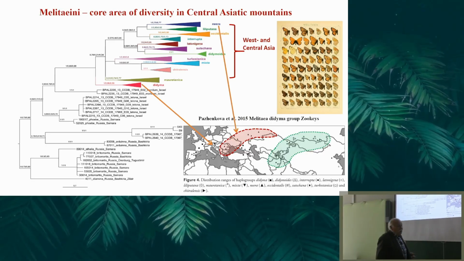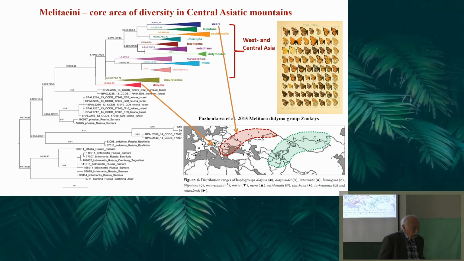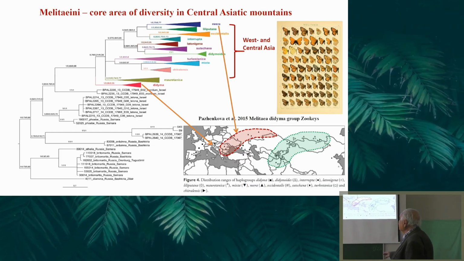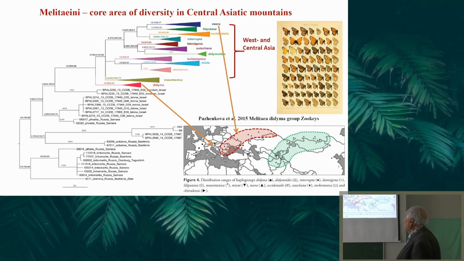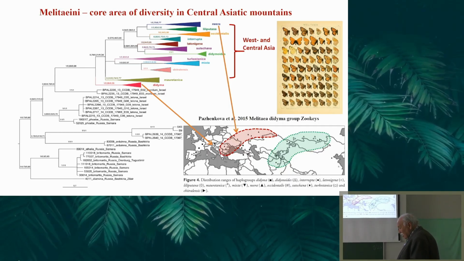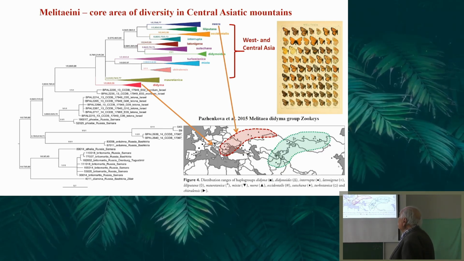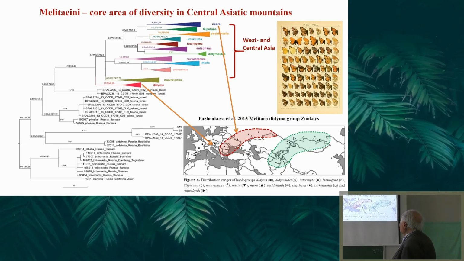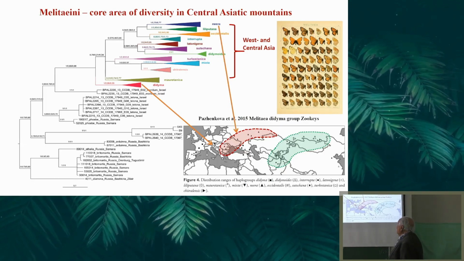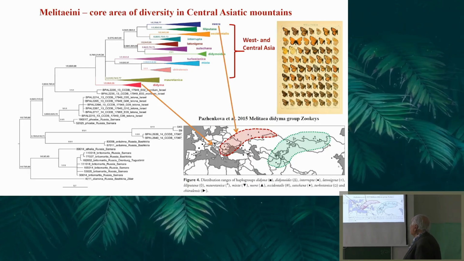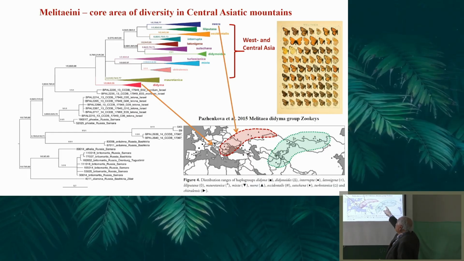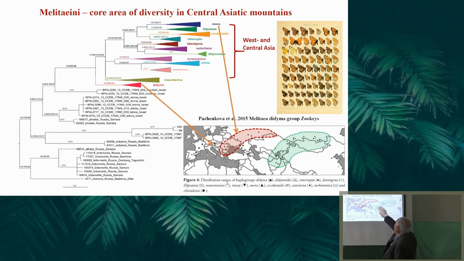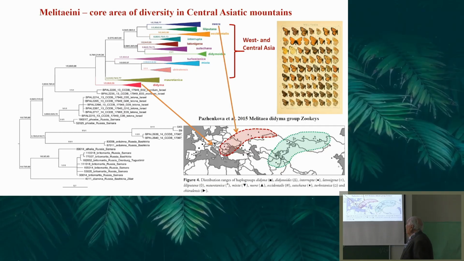One possibility would be the butterflies. Here you can see an example from the recent literature, and you can see that this group, this so-called Melitaeini tribe, is very colorful and mostly represented here in this area of Central Asia. These are different mountains, from the western parts of Tian Shan and Pamirs to the Mongolian Altai area.